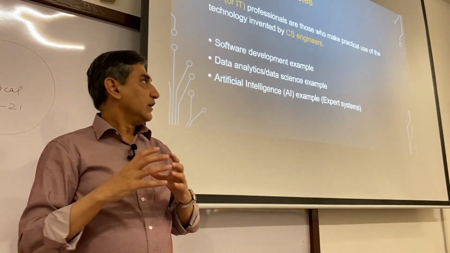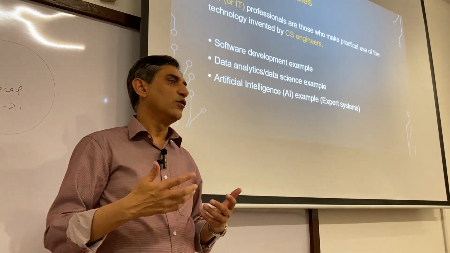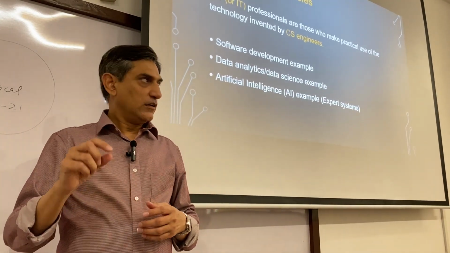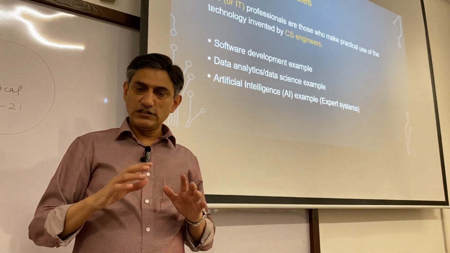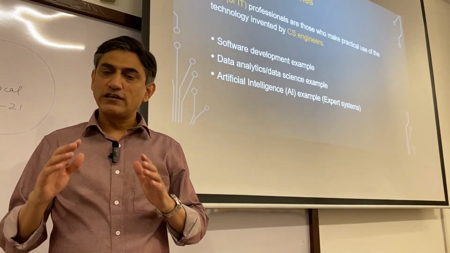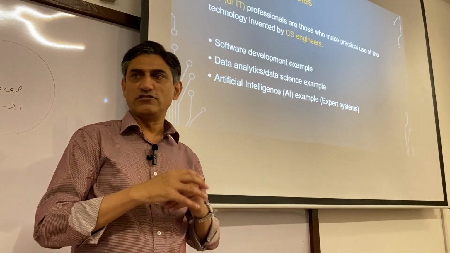It says exemplifying the roles of ICT and CS personnel or professionals. If you look at what's written there, it says ICT or IT professionals are those who make practical use of the technology invented by CS engineers.